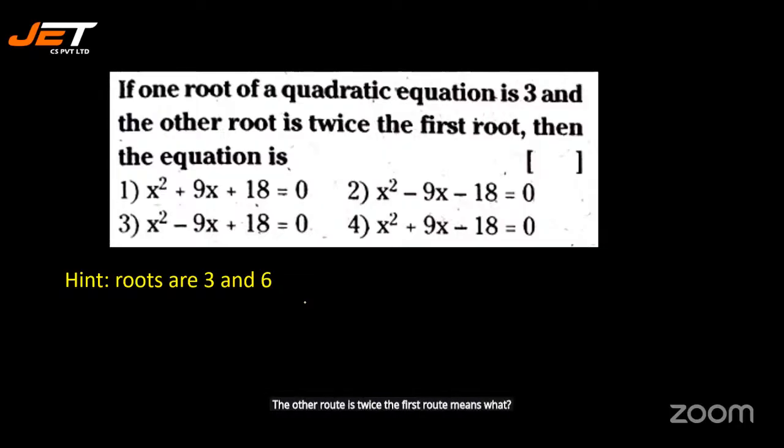The next root will be 2 times of 3. So what is 2 times of 3? It is 6. Is it clear? So if one root is 3, the other one is 2 times of 3, means 6. So now you have 2 roots. What is the equation? That you need to find out.